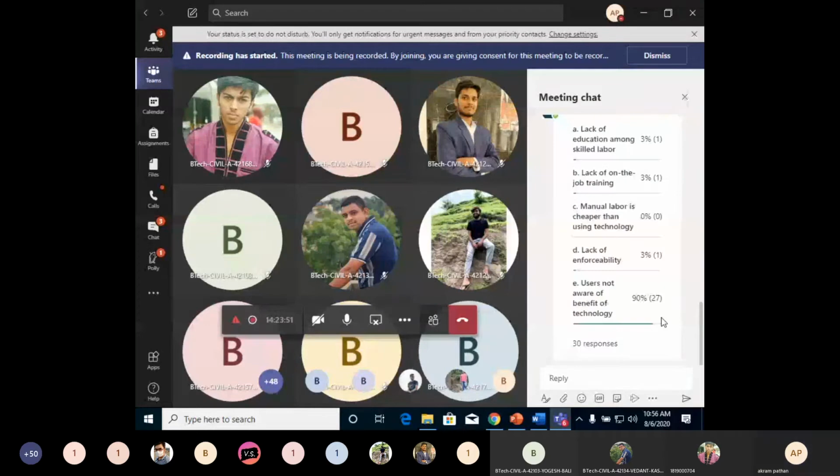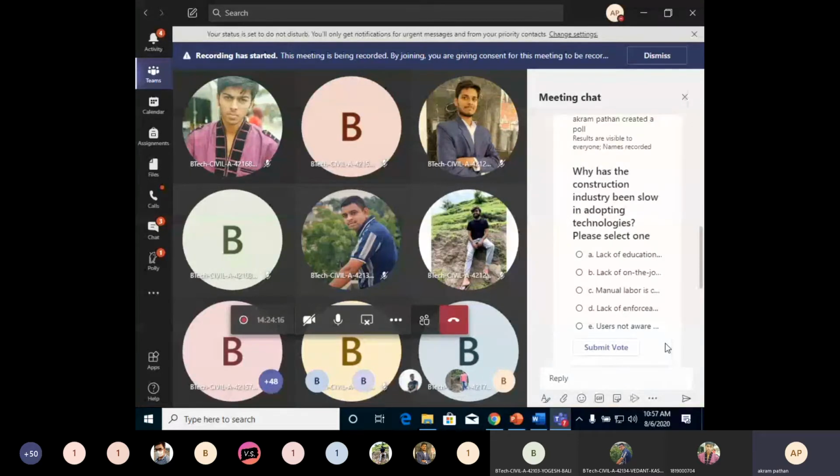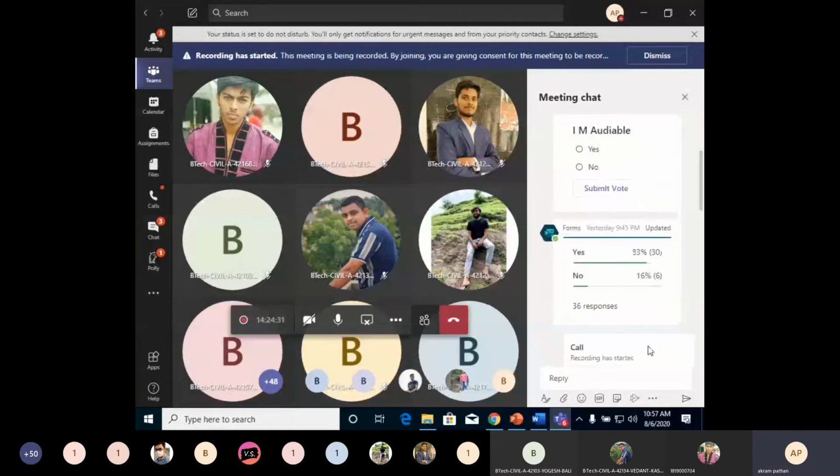Now you can see there are 31 responses, then 36, 37. Please do this activity fast. Why has the industry been slow in adopting technologies? Now 45, 46 responses.